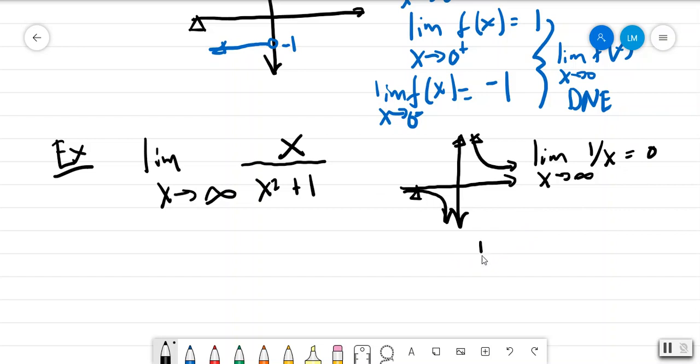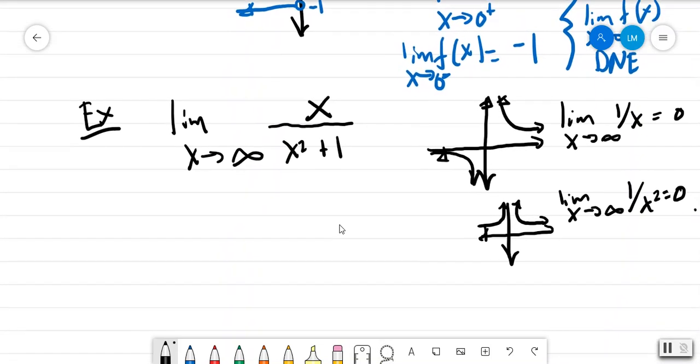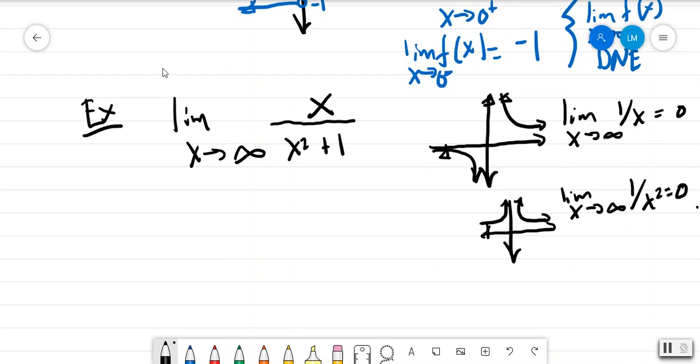But similarly, if you have 1 over x squared, the limit as x approaches infinity for 1 over x squared still equals 0. So that's more or less telling you that 1 over x to any power goes to 0. So let me show you how we can do this.